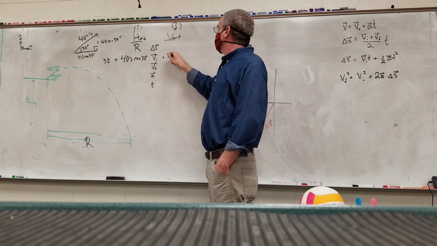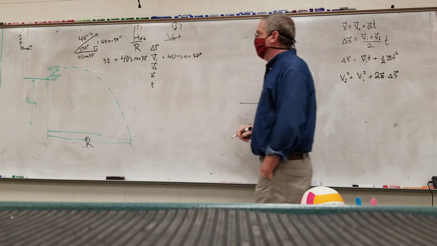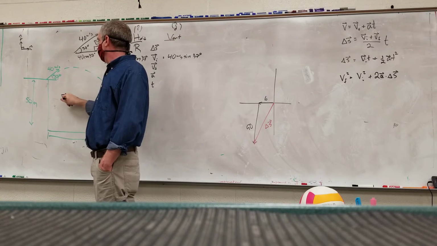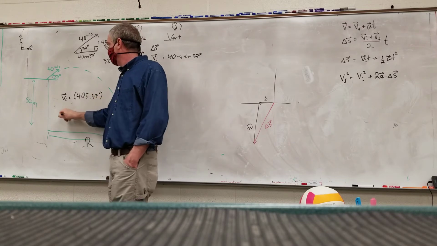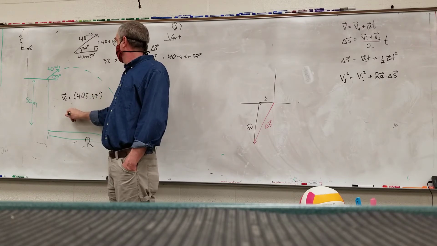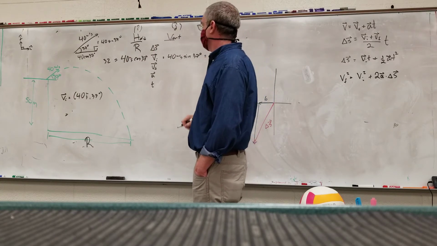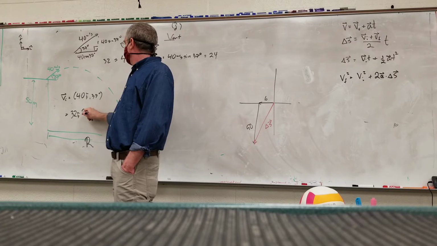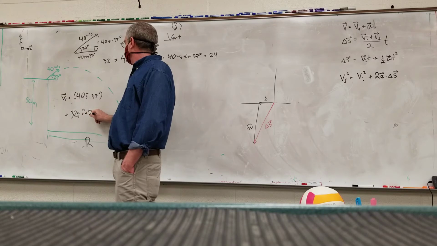And this would be 40 meters per second times the sine of 37 degrees. In other words, I'm making the claim here that my initial velocity in polar form, 40 meters per second, 37 degrees, in rectangular form, assuming that is 32, and this one would be around 24, 24.01 or so. This would be 32 meters per second i hat plus 24 meters per second j hat.